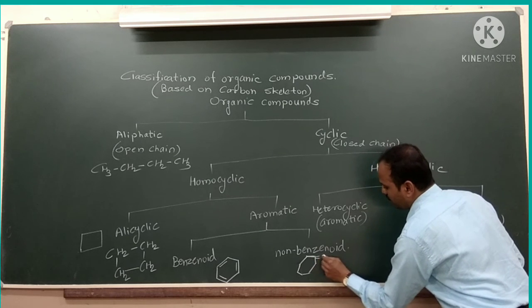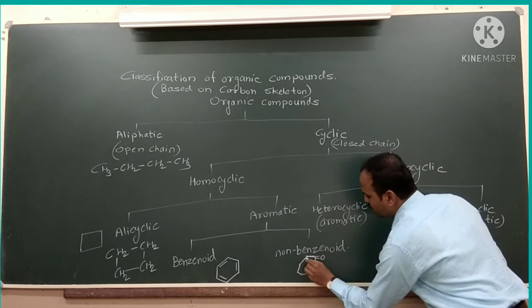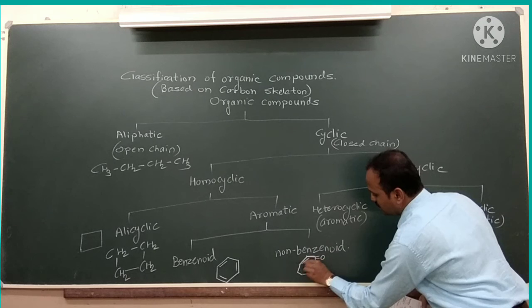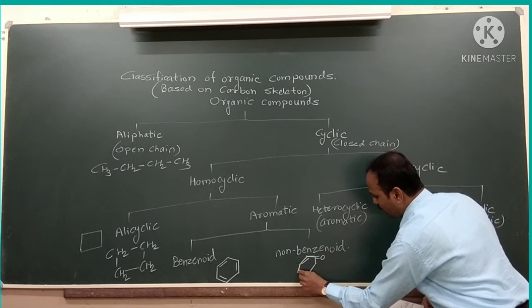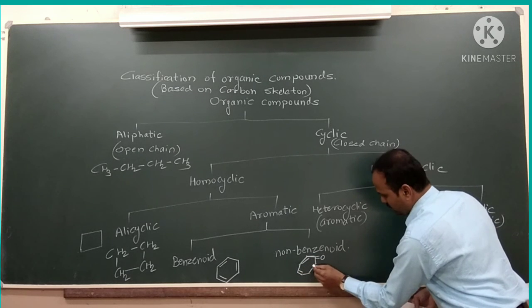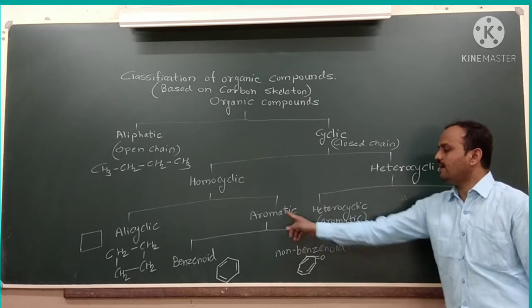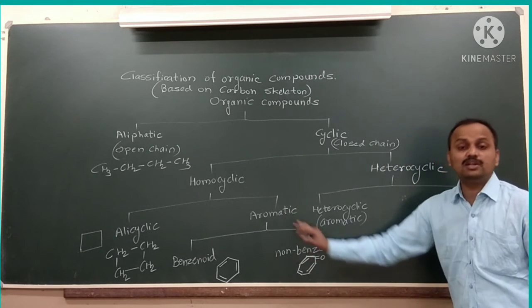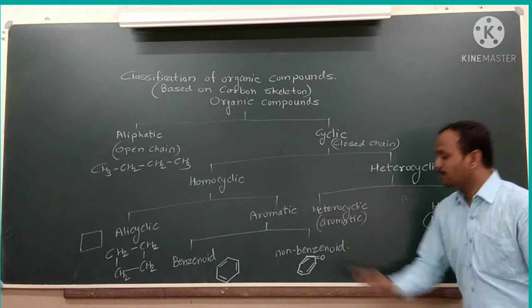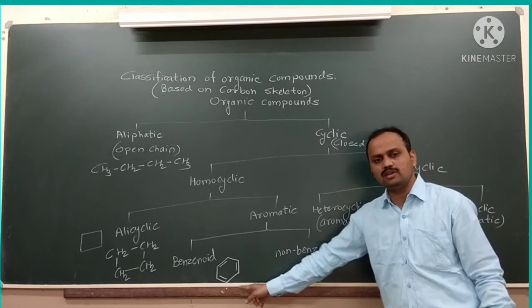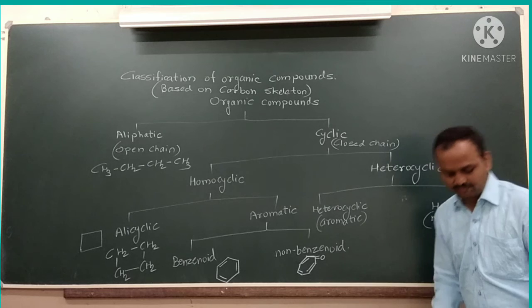A 7-membered ring having alternate double bonds is an example of non-benzenoid aromatic. It is aromatic, but it does not resemble benzene. Benzene contains a 6-membered ring. This is a 7-membered ring.